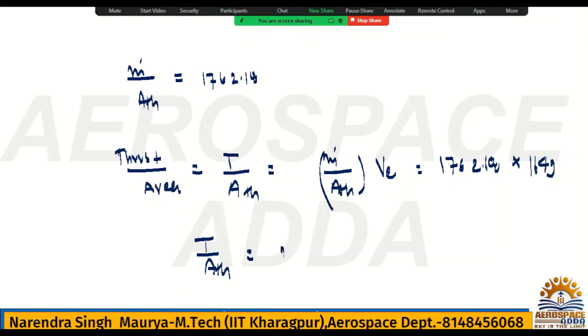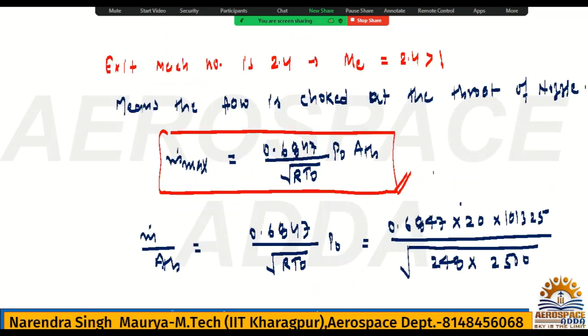So it is 2 meganewton. This is the value, but in the book I am getting a little bit different, 2.7, and this is a huge amount. I don't know. Let me check here. Oh, okay.